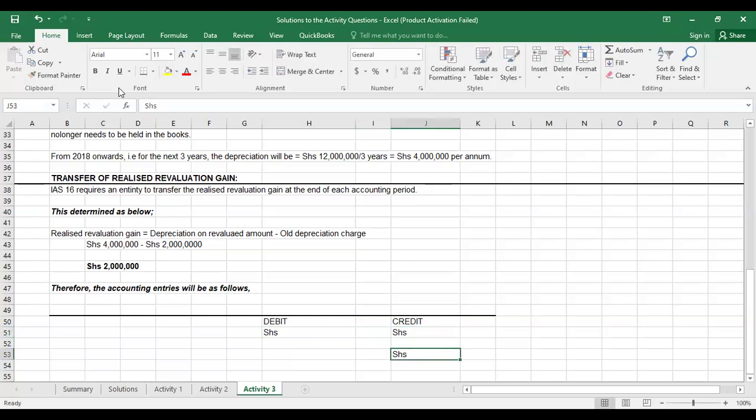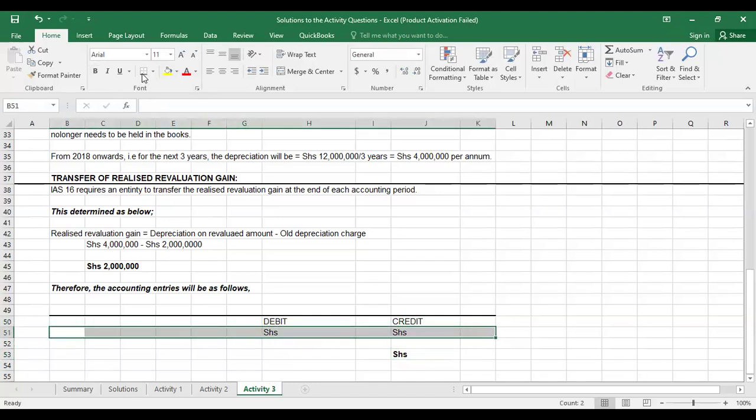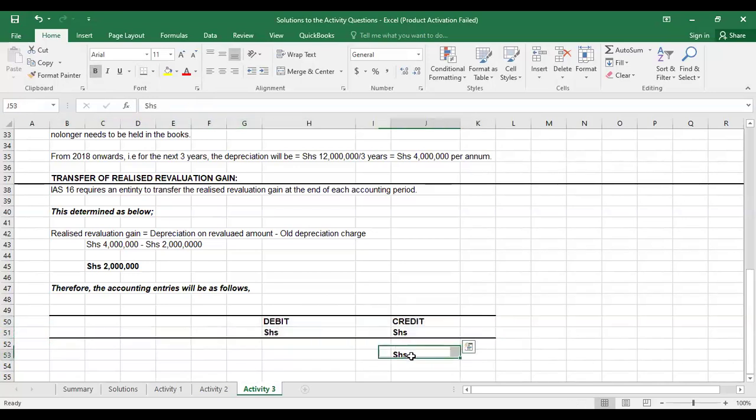So we have a revaluation surplus account of 2 million. Then retained earnings account.